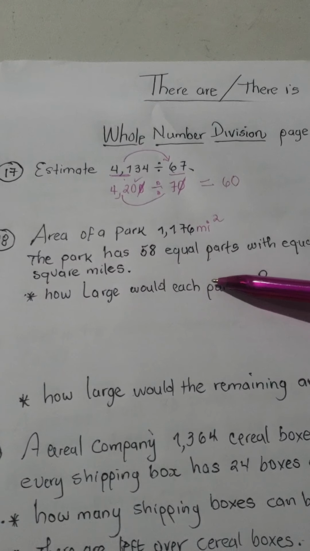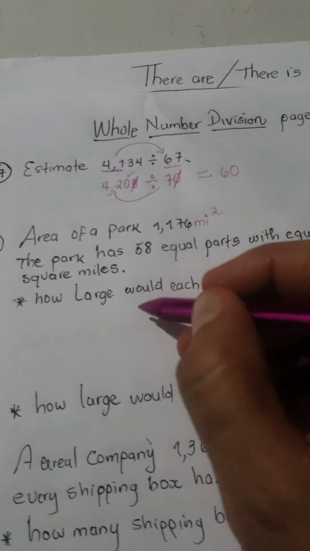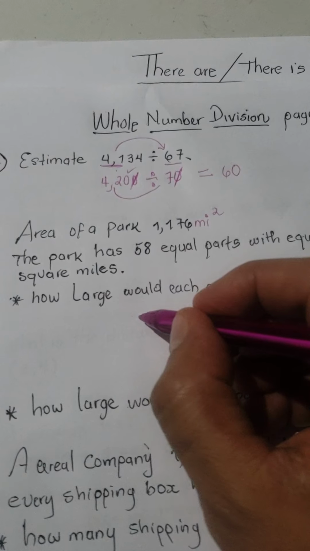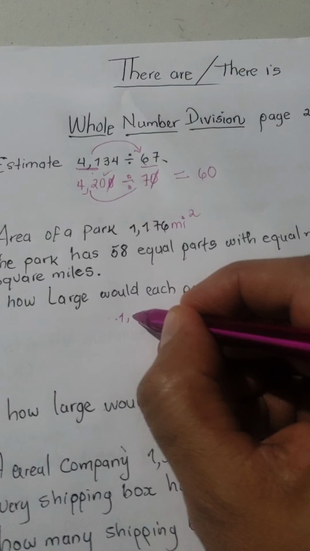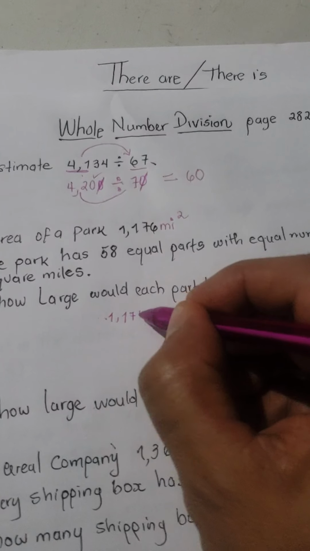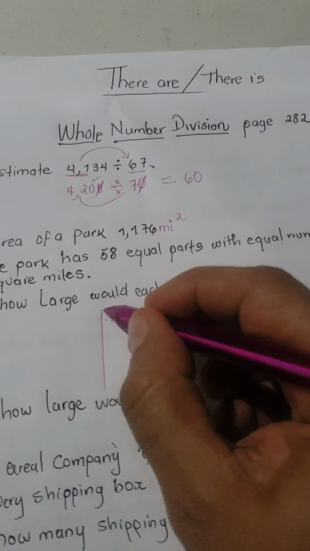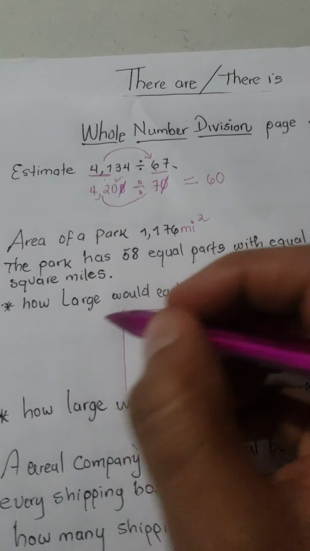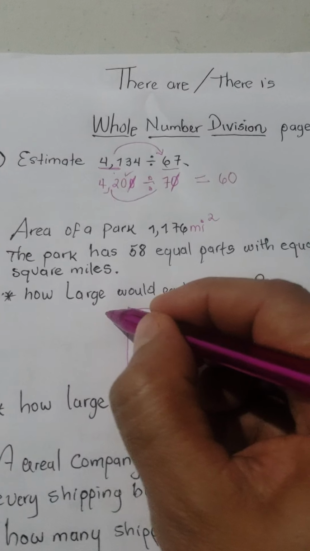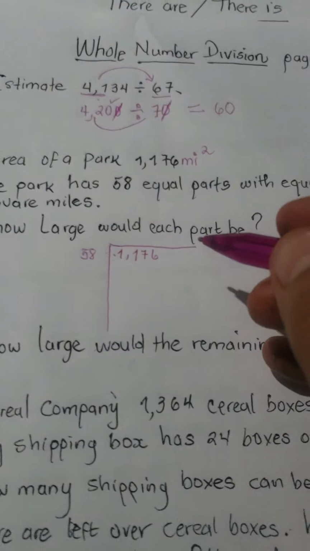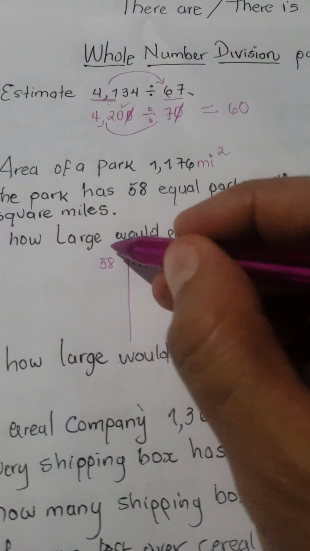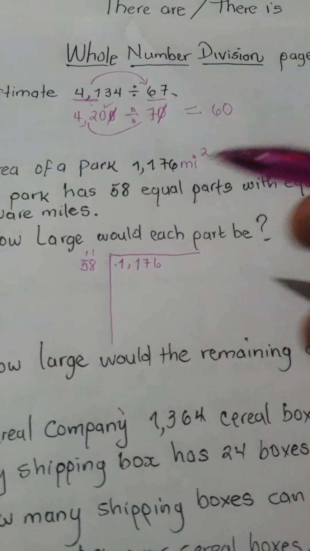So what do we need? We need to do a division. So we're gonna write here that division, which is 1,176 divided by 58. Let's remember the process. First you take these two numbers.